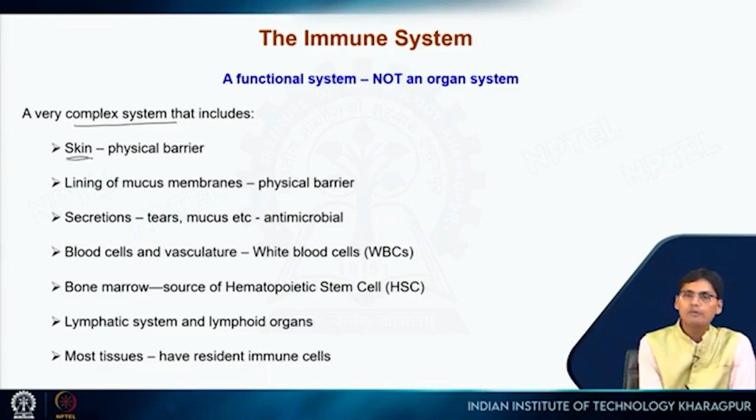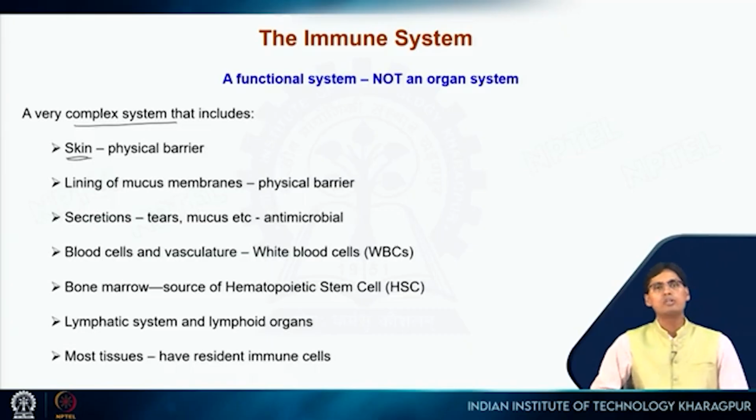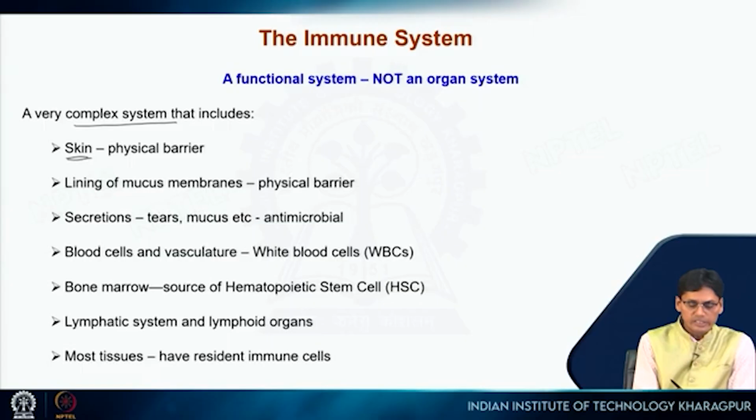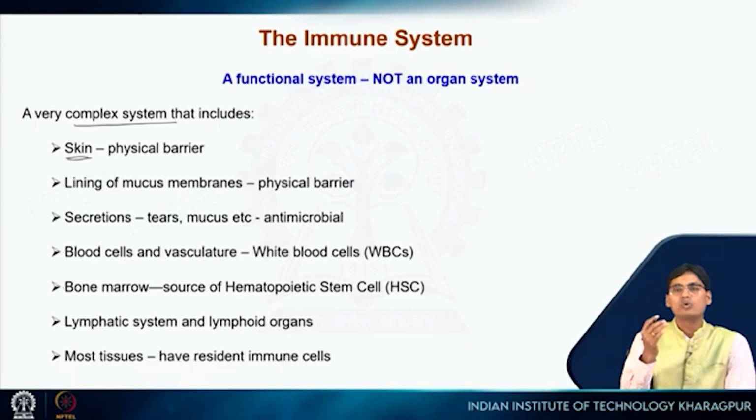For example, I would say skin is also part of our immune system, because it makes a physical barrier, so any pathogen like microbes cannot enter directly into our body. We have skin covering almost everywhere. Some portions, for example the eye, are not covered by skin, but even in tears there are secretions with enzymes which protect us.